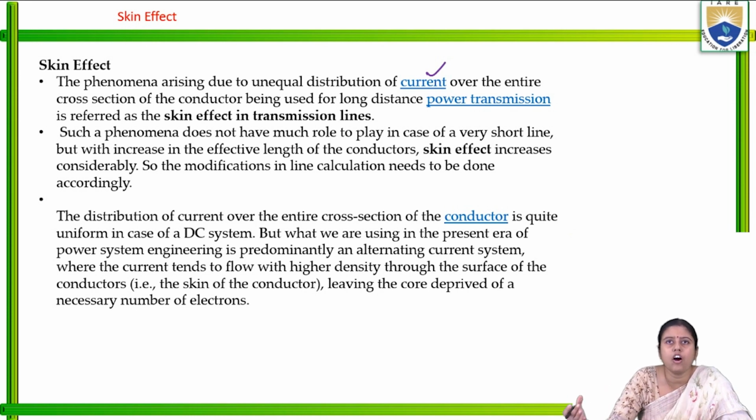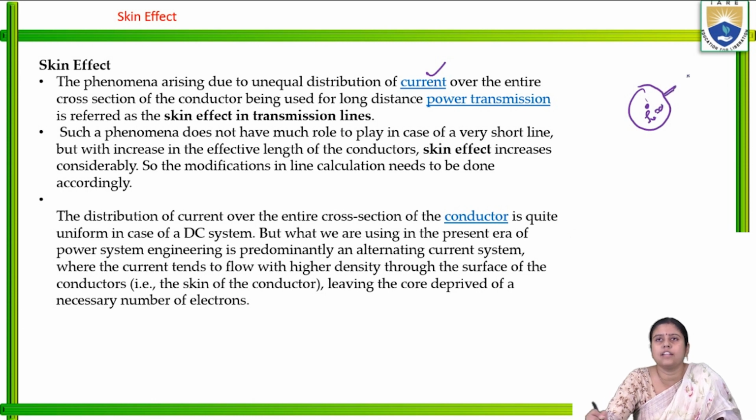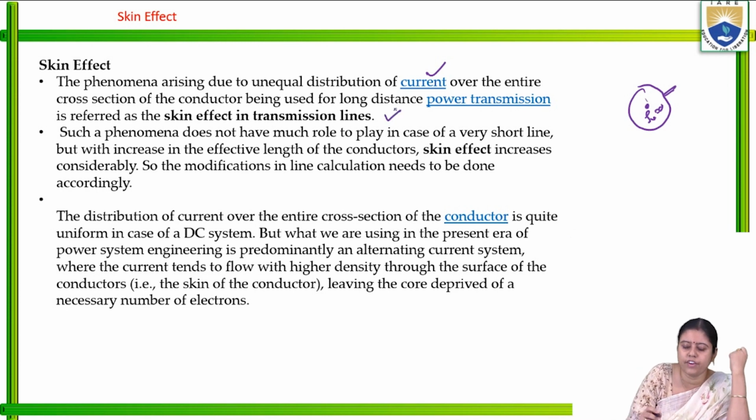If we think of the cross section of a conductor, inside the charge density is almost 0 and in the outer layer the charge density is high. This effect is known as the skin effect.